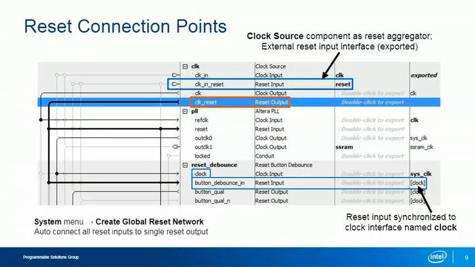For all reset interfaces as well as other non-clock interfaces, the clock column indicates which clock interface on a component is the clock used for synchronization of that interface. For example, the highlighted button debounce in reset input interface is synchronized by the clock input interface named clock on the reset debounce component.